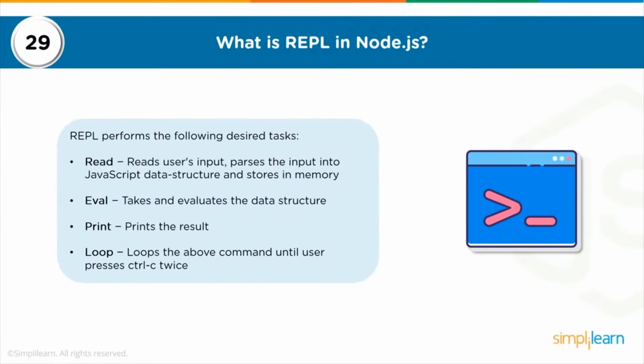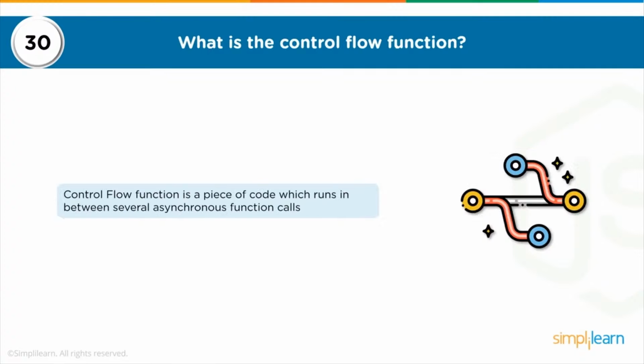REPL will perform the following tasks. The read will be parsing the JavaScript, reading that and storing it in memory. Eval takes and evaluates the data structure. Print will then print the results, often on a console window or onto a web page. And then loop loops the above command until the user presses Control-C twice.